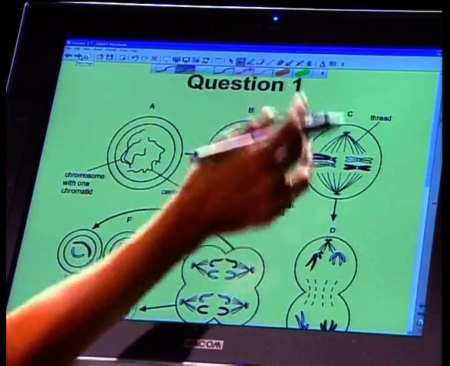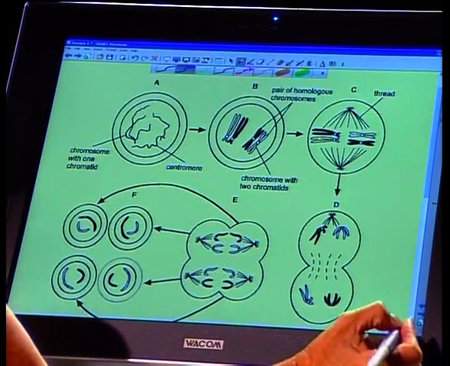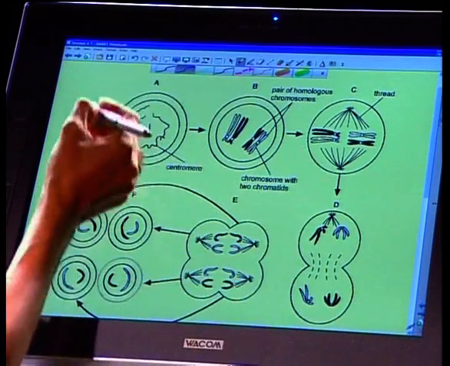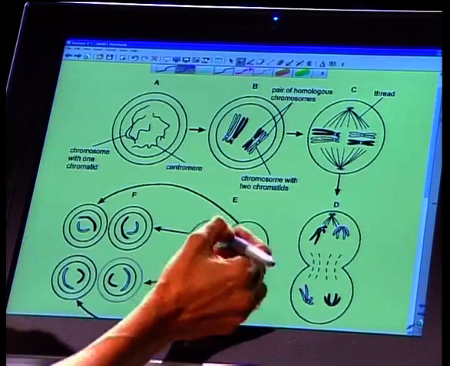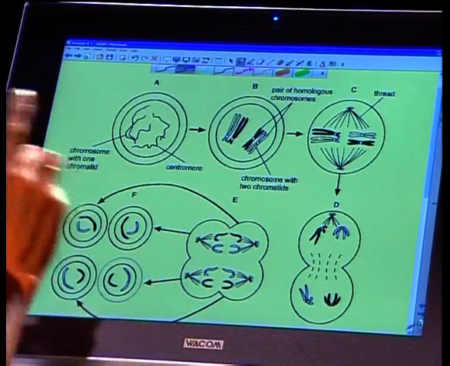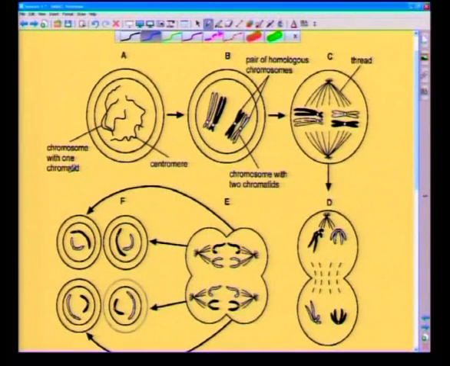We have, and this is what they're going to give you in your exam paper. They say, okay, here we have A, B, C, D, E, and F. First thing you are going to do is label your diagram. So we've got our chromosome with 1 chromatid, the centromere. We've got the chromosomes with 2 chromatids.